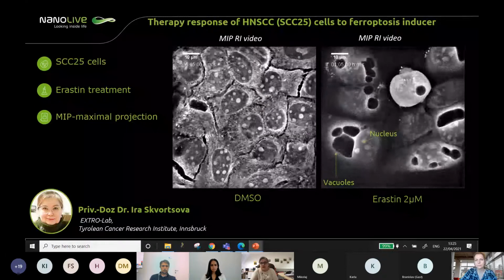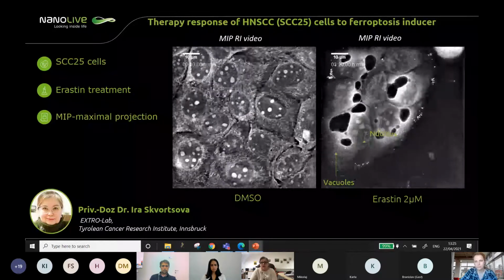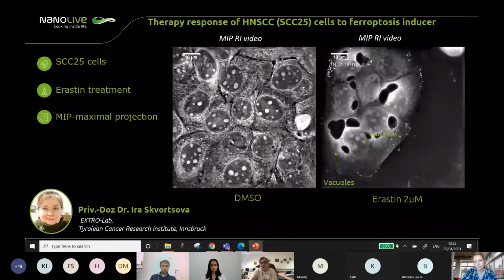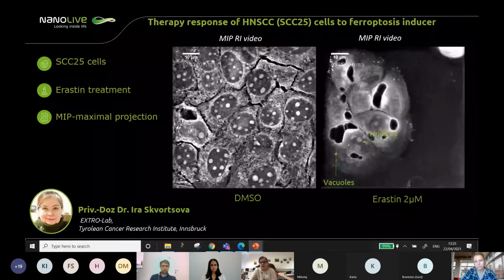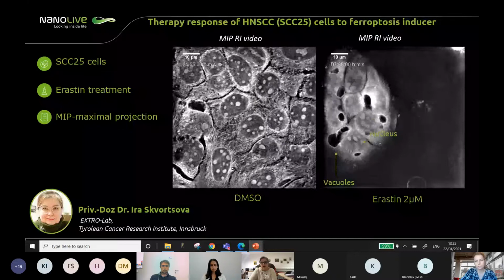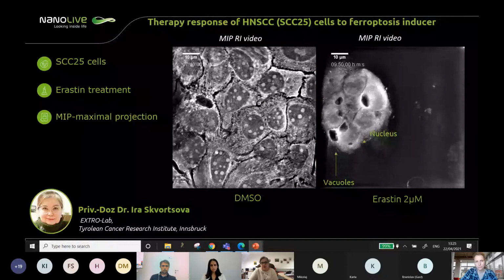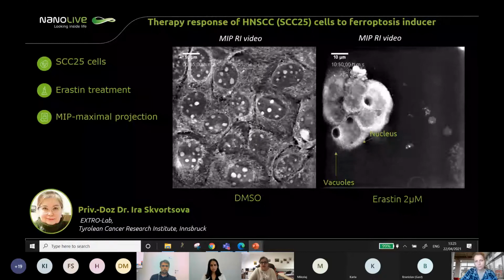This is a ferroptosis inducer, and little is known about the changes in the cells upon treatment with ferroptosis inducers.